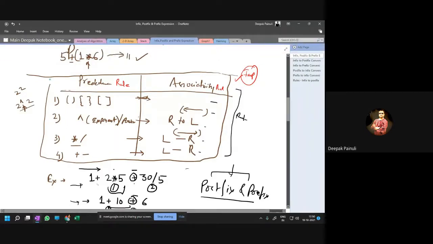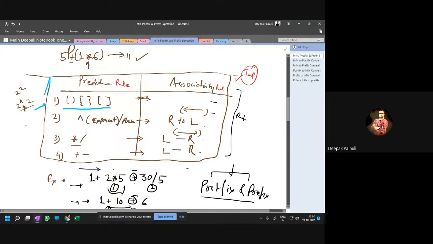Whenever we are manually evaluating any infix expression, those rules govern the correct way of evaluating any arithmetic operation. These brackets have the same precedence, right? They are all at the same level. So first priority is given to any bracket, either curly or square.